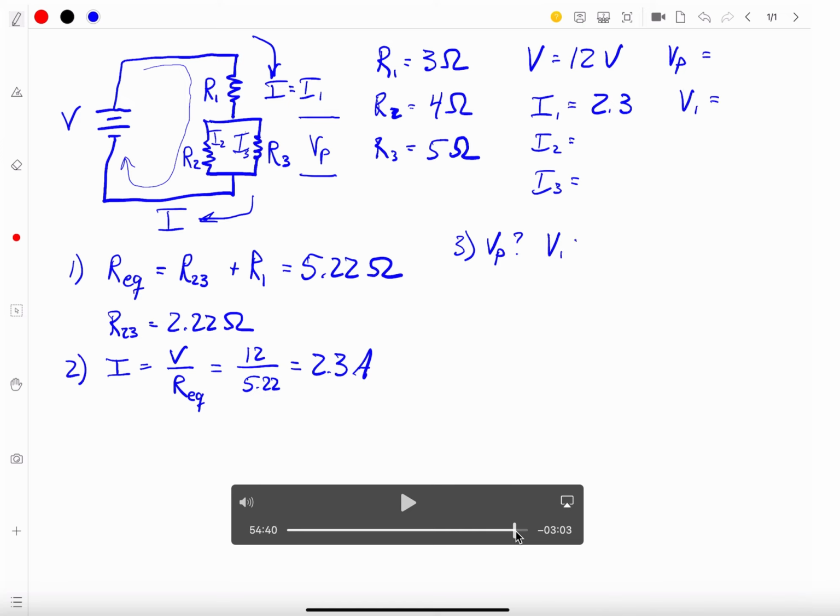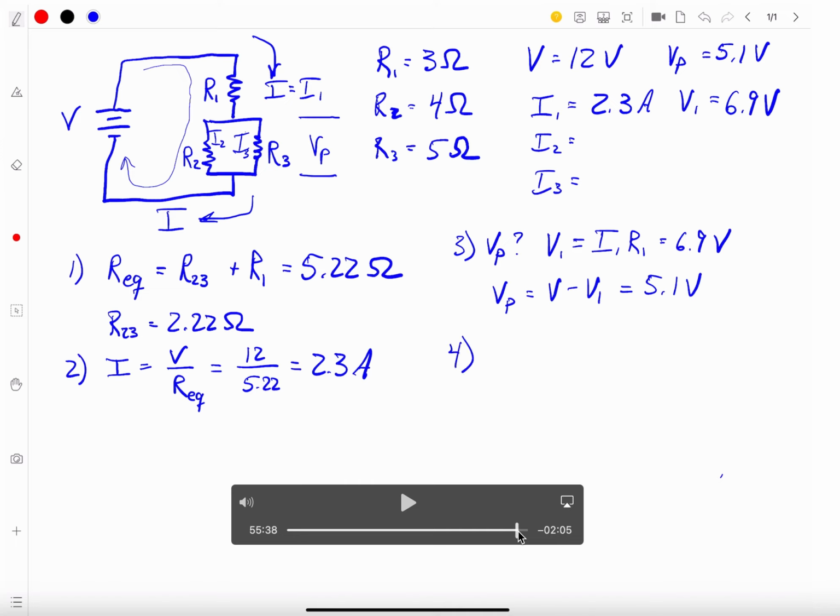The next thing we do is find out what V1 is so we can find out what VP is. V1 is 6.9 volts. 12 minus 6.9 leaves us with 5.1 volts.